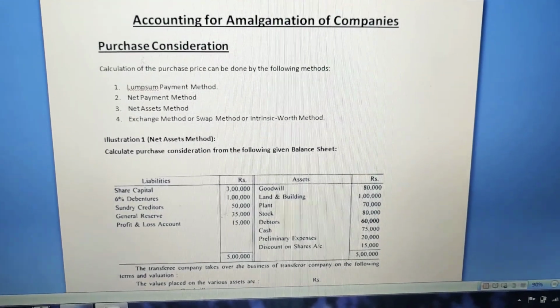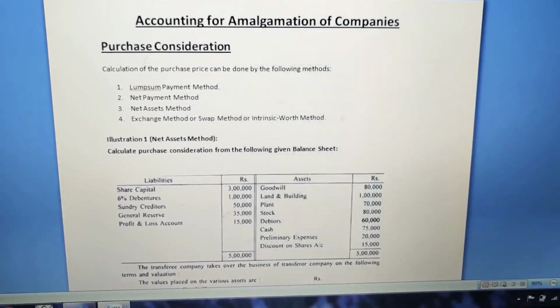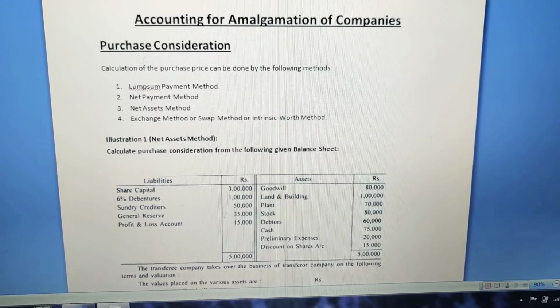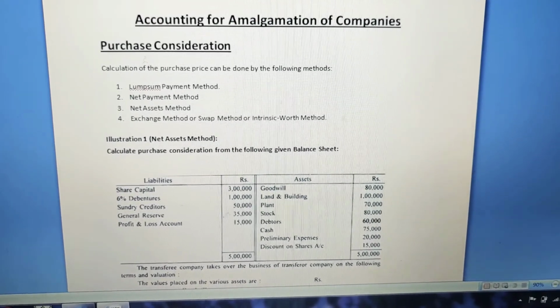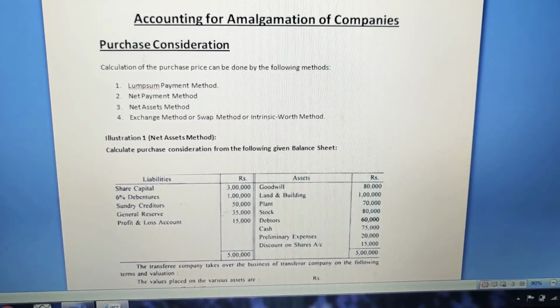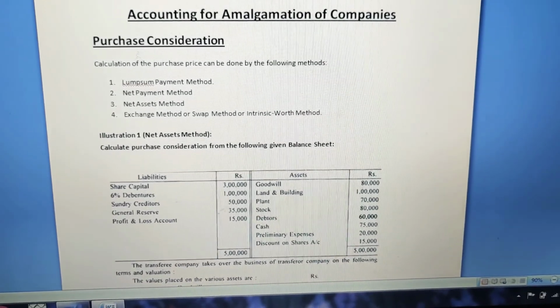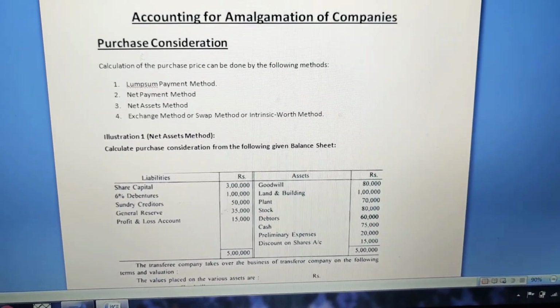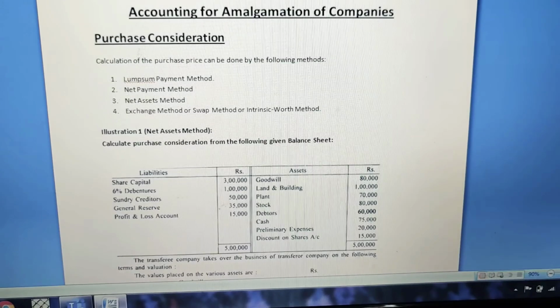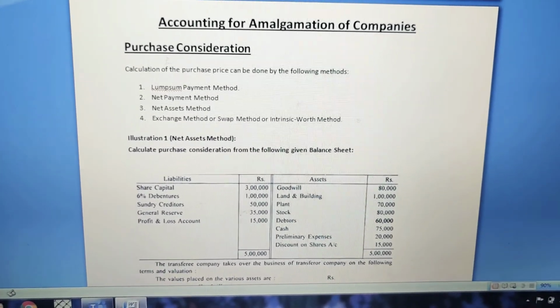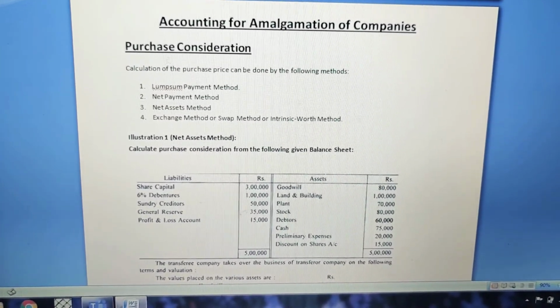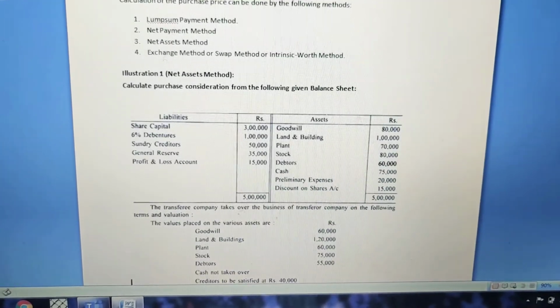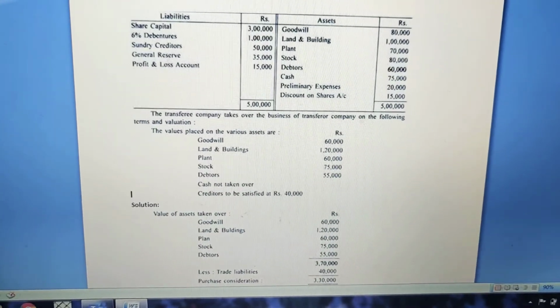The fourth one, the exchange method, swap method or intrinsic worth method, we already discussed an example on. So today we'll discuss the net asset method, and we'll do two questions on it. Let's start with the first illustration.